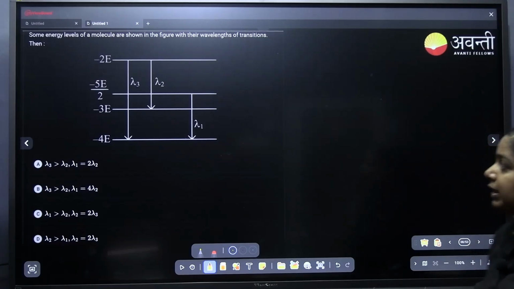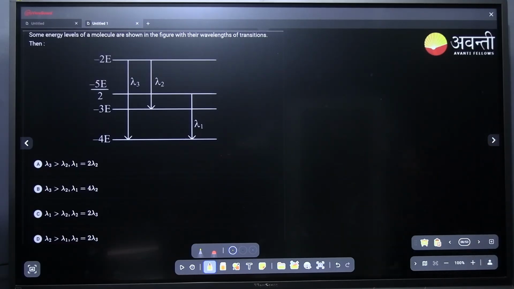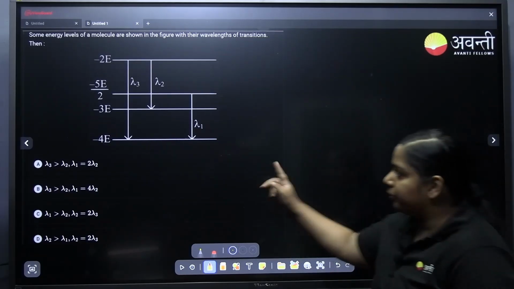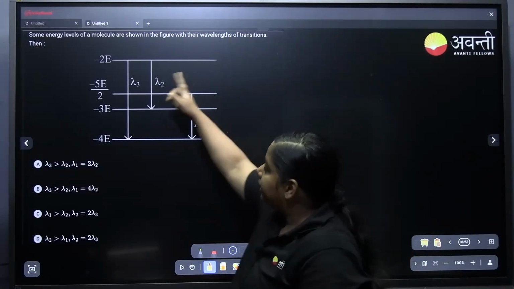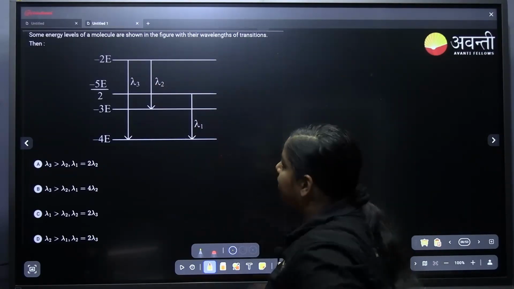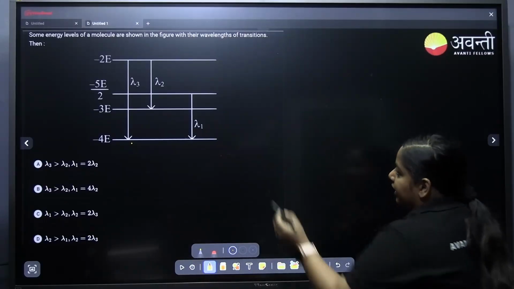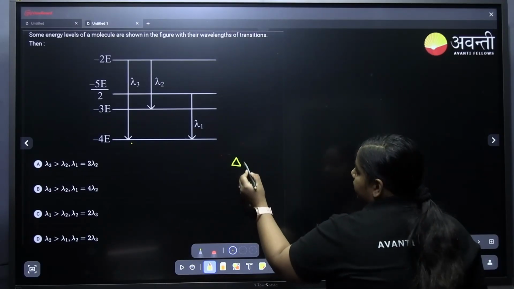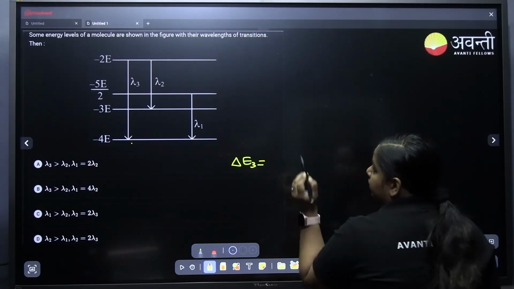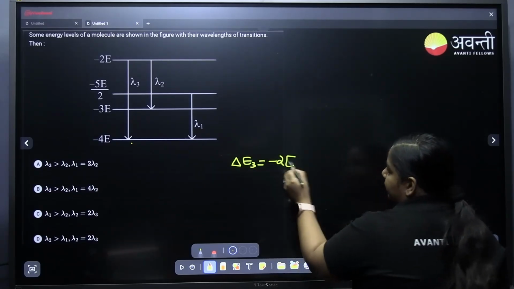Next one. Some energy levels of a molecule are shown in the figure with their wavelengths of transition. Then out of this, which will be true? That is the question. So, transition and wavelengths are given. Minus 2e to minus 4e. So here delta E3 is equal to minus 2e.